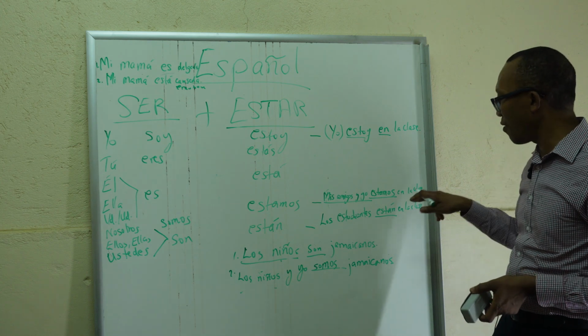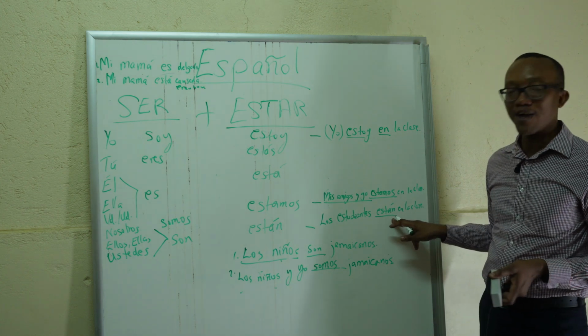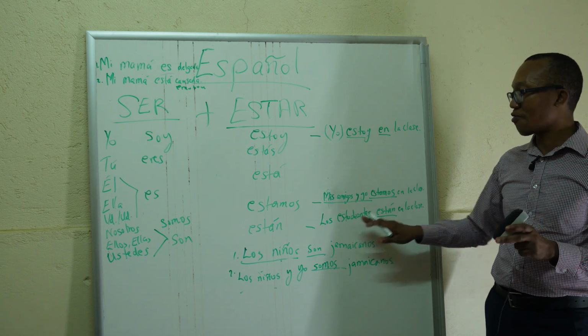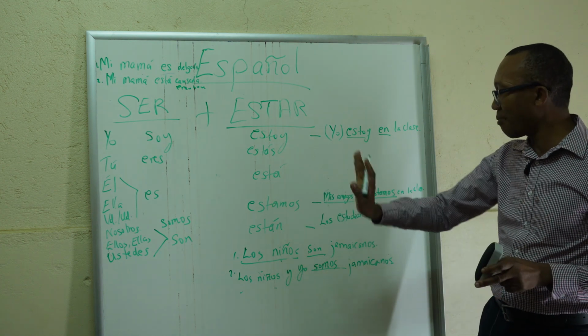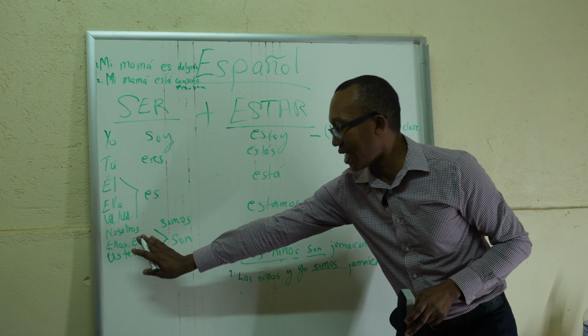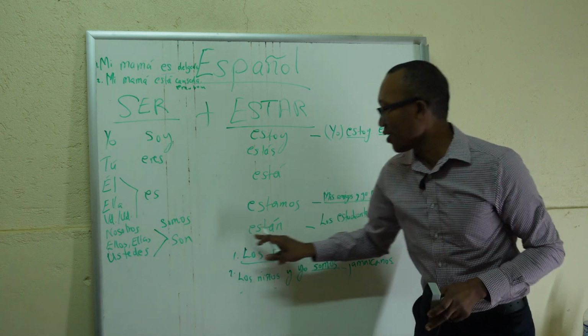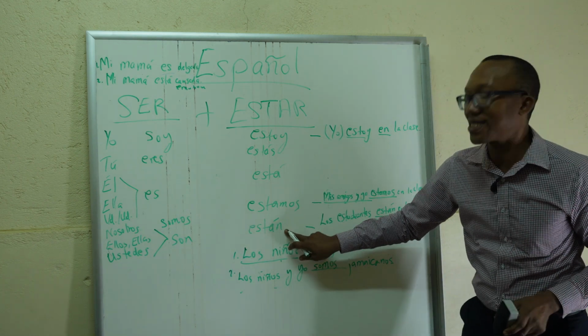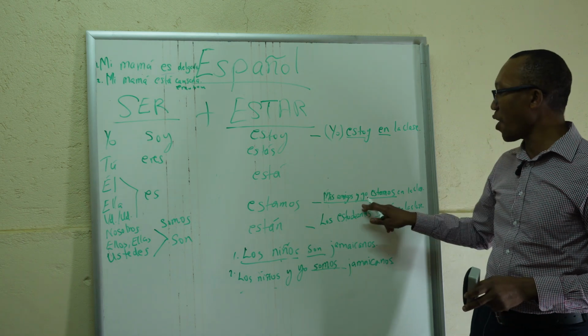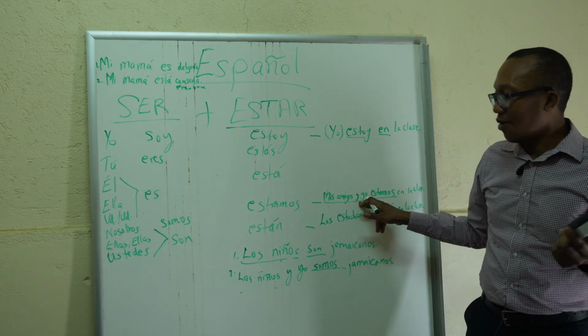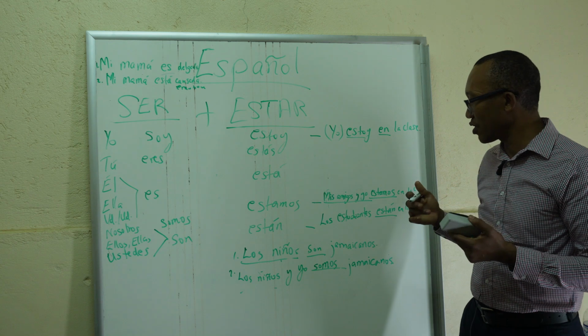So if you chose estamos here, it would not be correct because you're referring to they, and we established already that once it is they, ellos, ellas, ustedes, you plural, you're going to get están. The verb must have an N once it's they. But here we have my friends and I, which translates to we, nosotros.